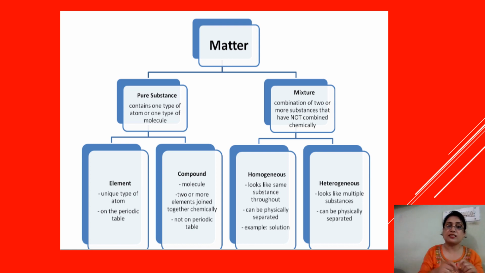It means you can separate it physically. So a mixture can be homogeneous and heterogeneous, that you already know. Homogeneous is one whose consistency is the same throughout the mixture, whereas heterogeneous has a different concentration in the mixture. Let's move to the next slide.